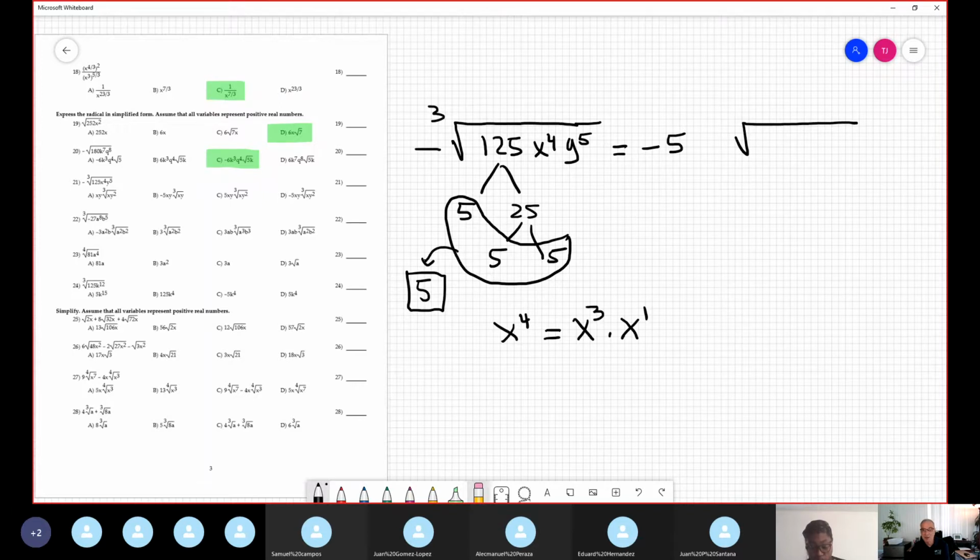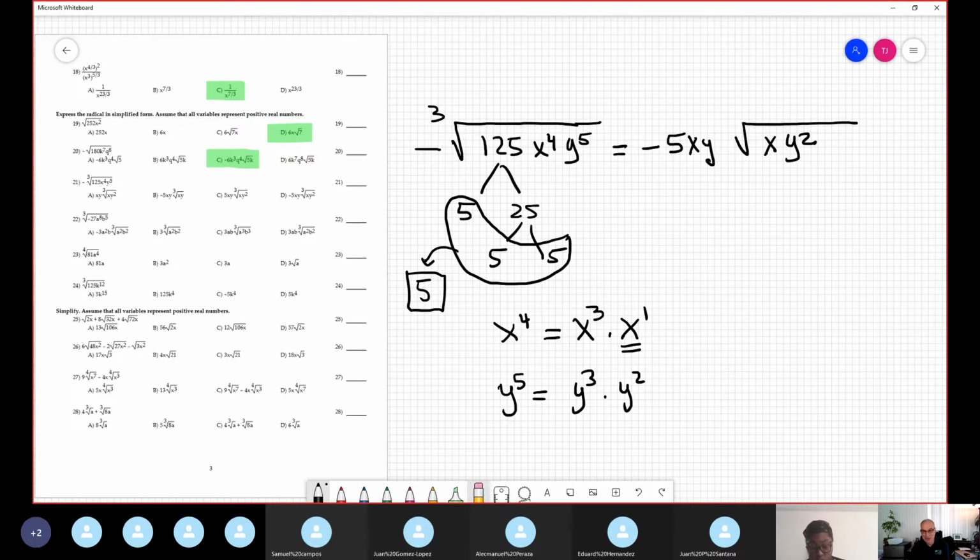And the cubic root is x, 1 x outside, and 1 x stays inside, is this. And y to the 5th is similar, it's y cubed and y to the 2nd. This y cubed represents 1 y outside, because 3 divided by 3 is 1, and y squared stays inside.